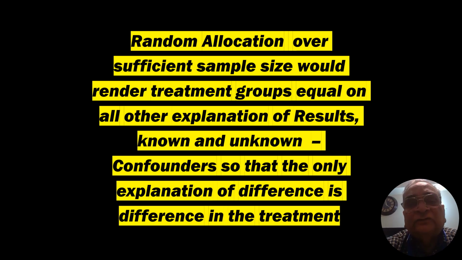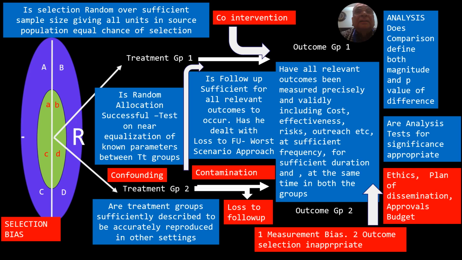Random allocation is to two treatment groups, and when done over a sufficient sample size, it would render all the treatment groups equal on all other explanations of results, which means known and unknown confounders, so that the only explanation of the difference that you see at the end of the study is the difference in the treatment type.